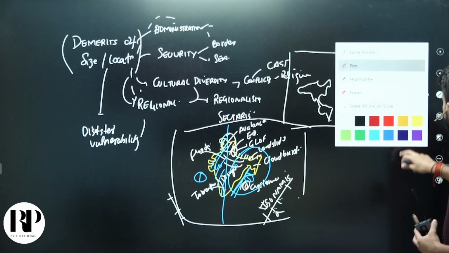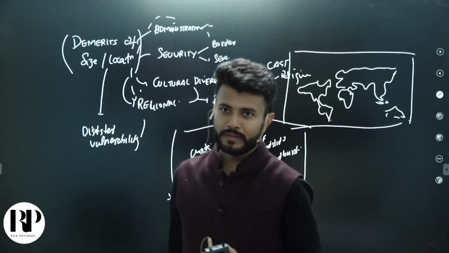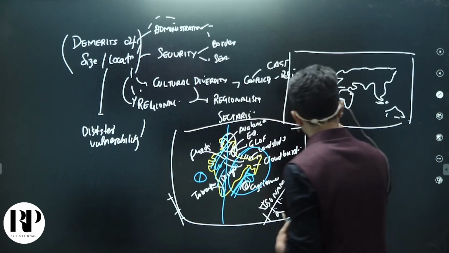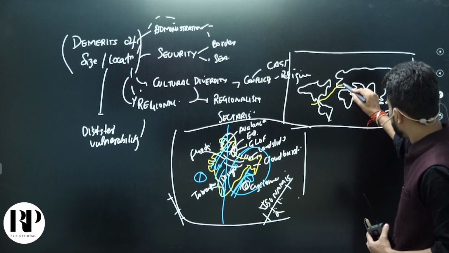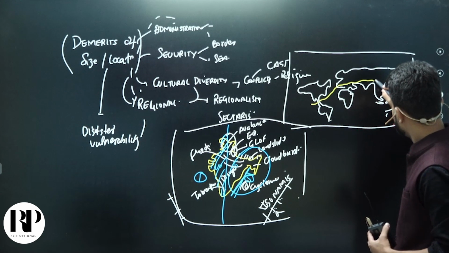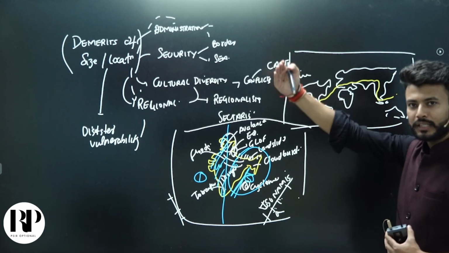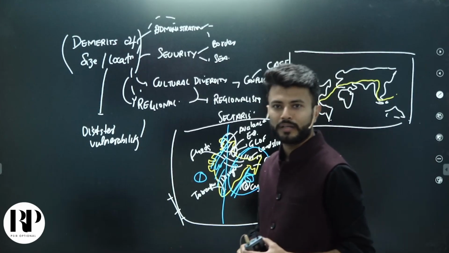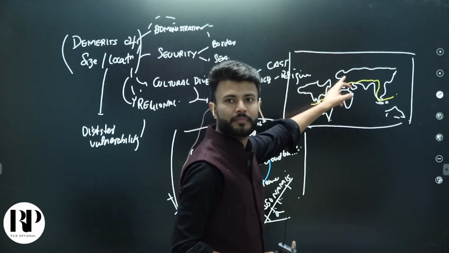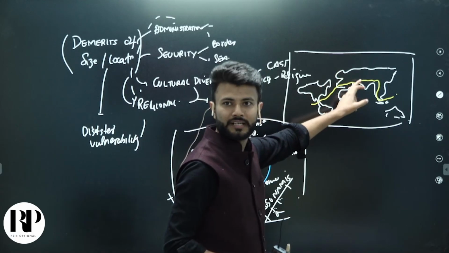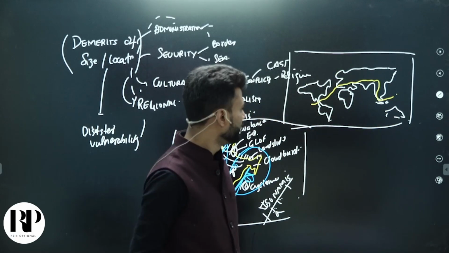Okay. So when we talk about developed versus developing countries, we see that if you draw a rough line in this manner, the northern countries are the relatively developed ones. You have North America here, Canada here, France, Germany, the Scandinavian countries here, then Russia there. Global north versus global south, right?